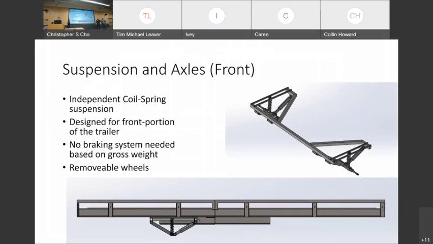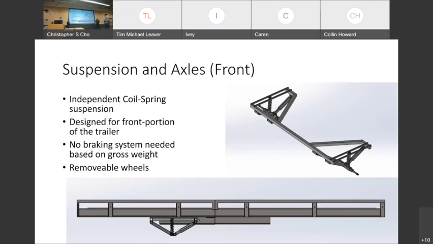Our front suspension that was selected is an independent coil spring suspension. We decided this was going to be a little bit more ideal because it would be more versatile for the ability to take it more places, as well as the fact that we didn't need it to be high load bearing in the short configuration of the trailer.